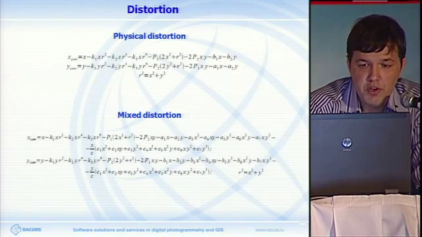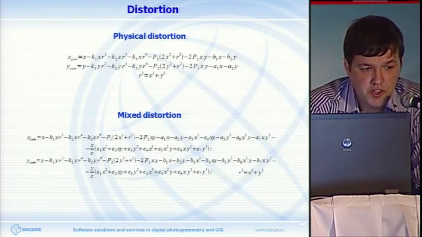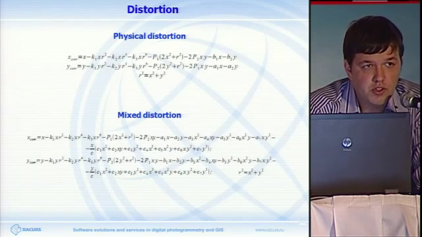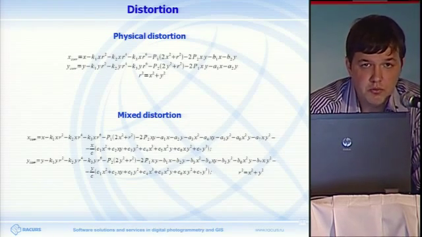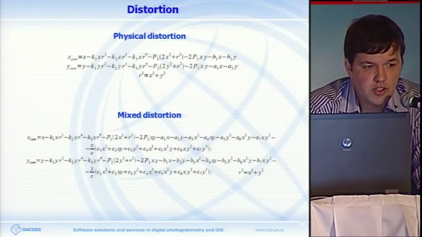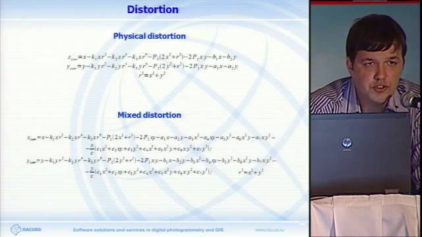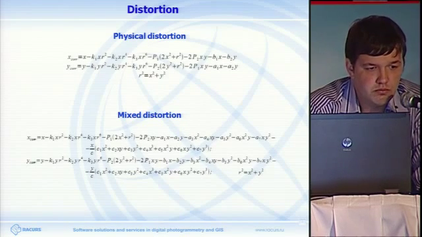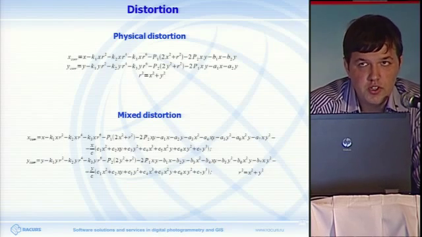And when calibrating the acquired results, we can use different methods. First method is laboratory or field calibration as a rule. They're done using standard methods, and standard methods include the so-called physical distortion. This is the Brown-Conrady formula.